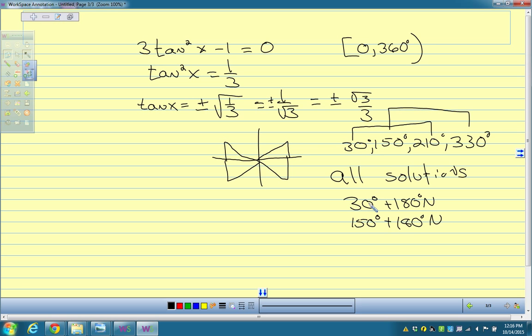I could add 180 to each and get every other possibility, because tangent repeats itself every pi.